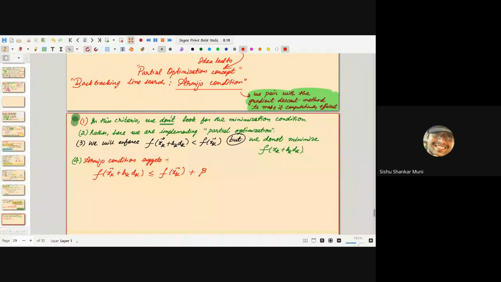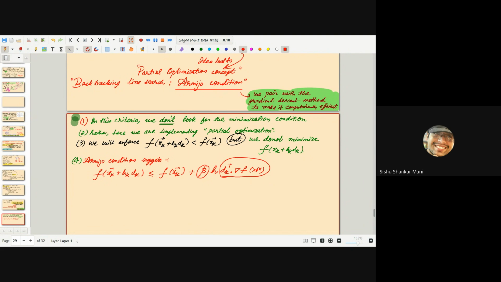That is some beta term, and then h, then dk transpose and the gradient at xk. You know this is the directional derivative already, and h you have also seen, but we are adding a beta times that term. This is the Armijo condition. We don't know why without doing the whole proof.